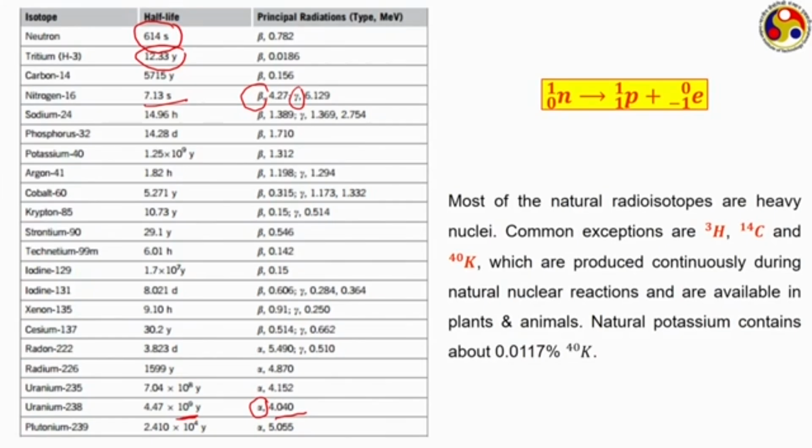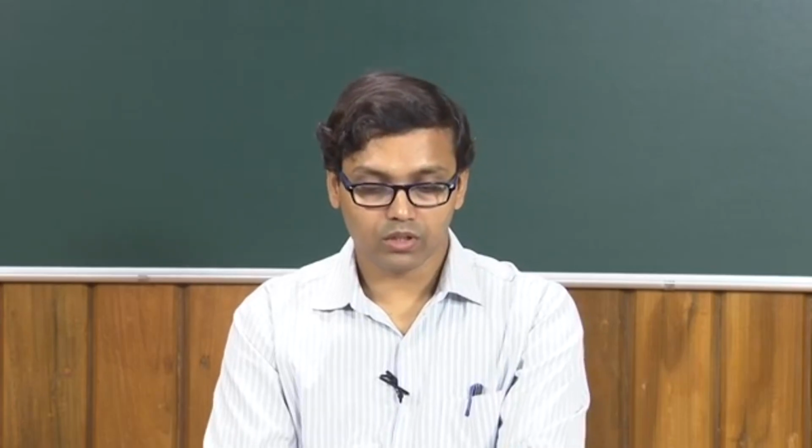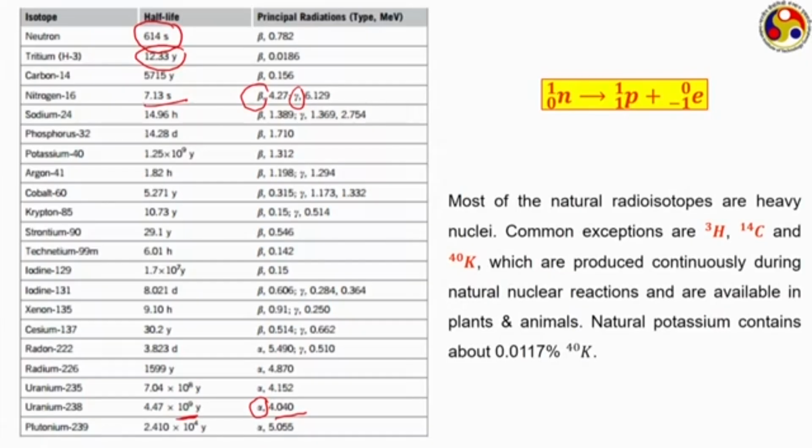But most of the isotopes that we need for energy production are the heavier ones, and thankfully all of them have quite high half lives. Uranium 238 has a half life of 10 to the power 8 years, whereas uranium 235 and uranium 238 have even higher, of the order of 10 to the 9 years. That is very good information to have.